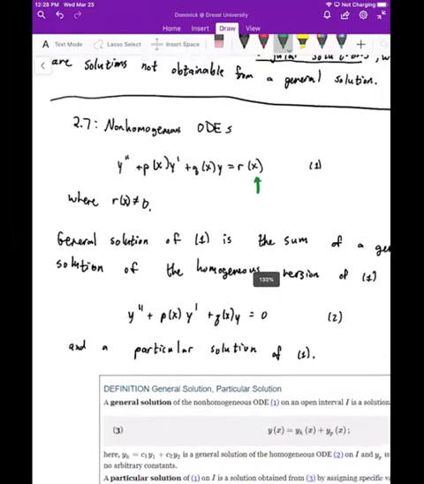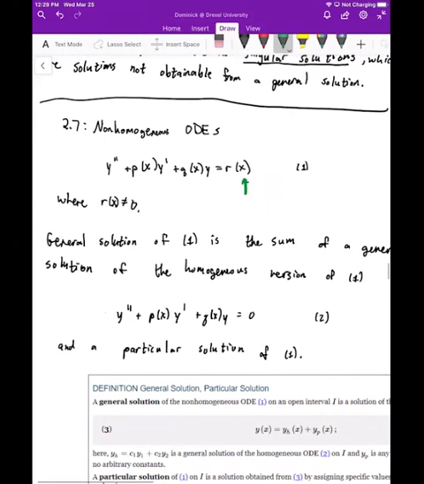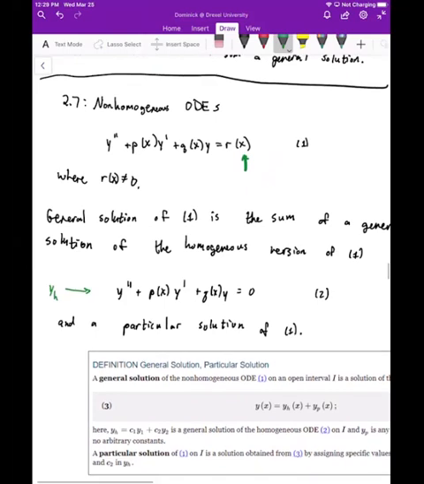So the first thing that we need to discuss is what a general solution is going to look like, right? A general solution of this equation is going to be the sum of a solution, which we're going to call y sub h, of the homogeneous version of your non-homogeneous ODE, and also a particular solution, which we're going to call y sub p.